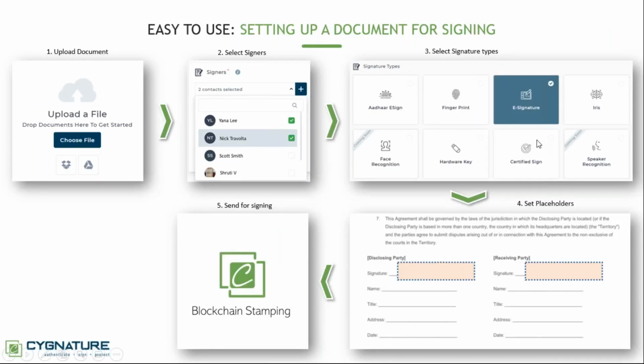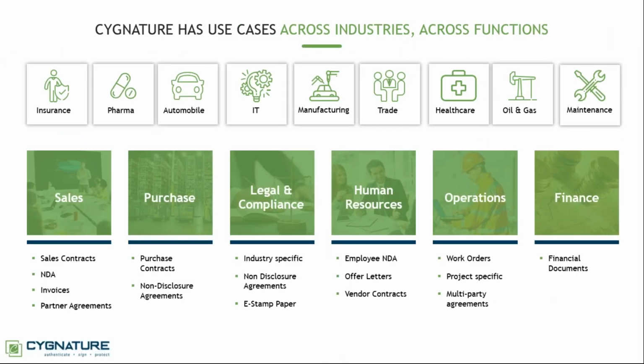Okay, there we are. So where is Cygnature useful? Cygnature can be used in almost any industry. It could be insurance, pharma, automobile manufacturing, anywhere. And in any department, you name it, sales, purchase, operations, finance, HRD, to sign any kinds of documents. Could be sales contracts, NDAs, partner agreements, contracts of any kind, and so on.